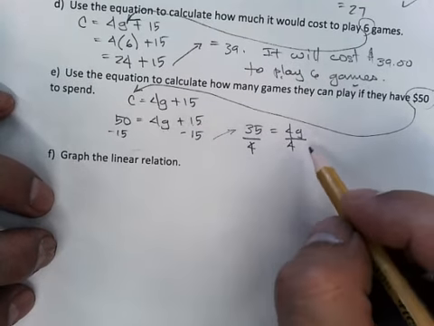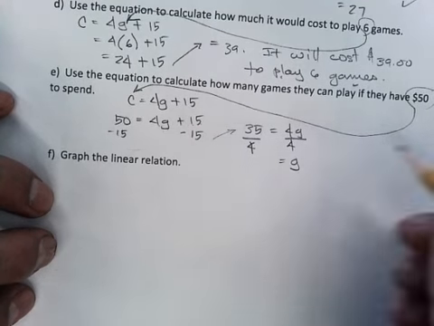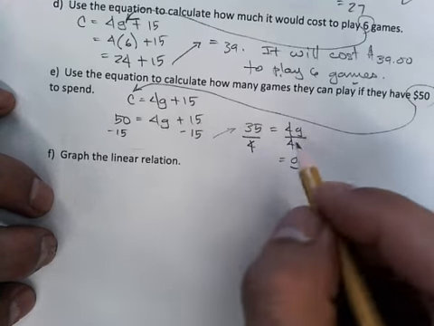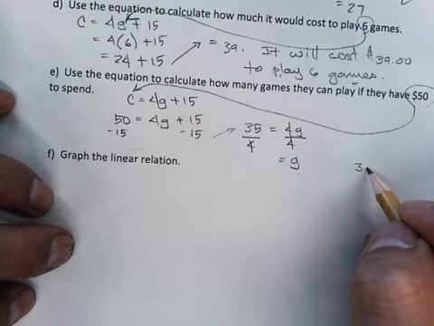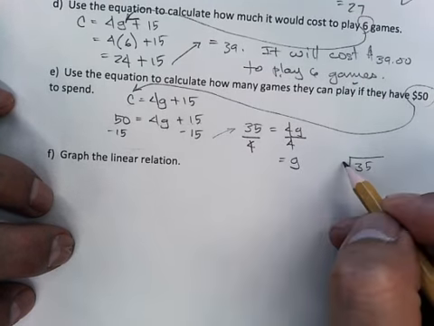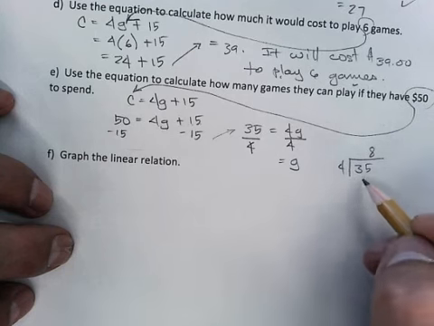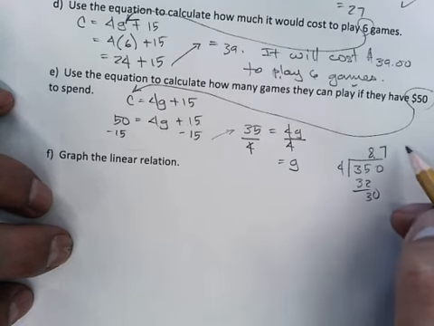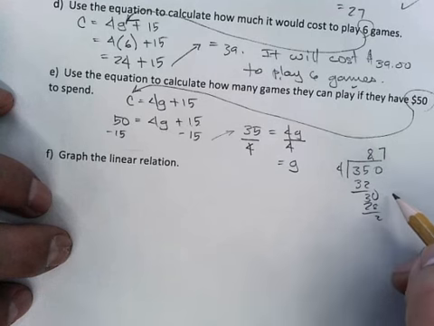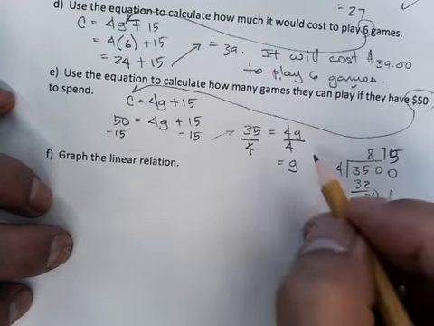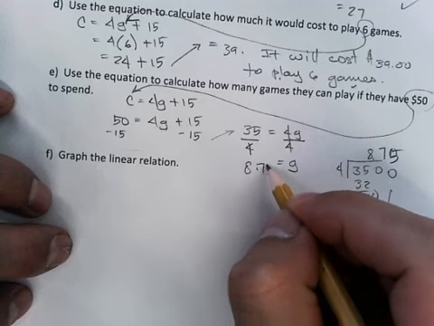And the number of games we could play with $50 is 35 divided by 4, which is 8.75 games. What is 8.75?